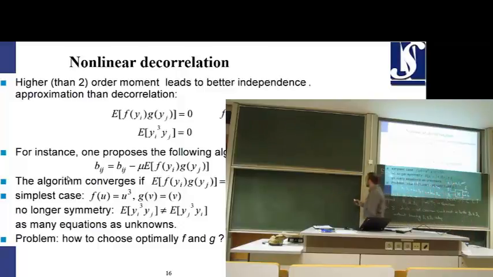So it means that if you can get independence, for sure, if you make two sources, y1 and y2, independent, you have already achieved decorrelation. But it's not true the other way.